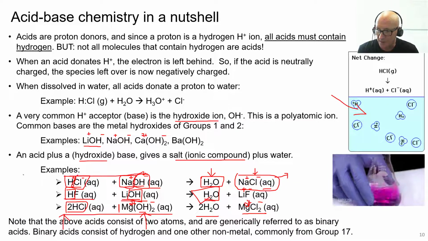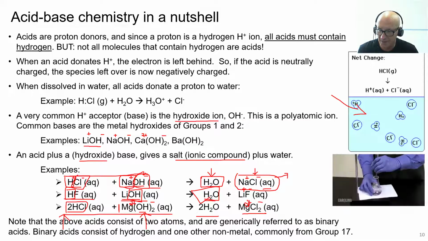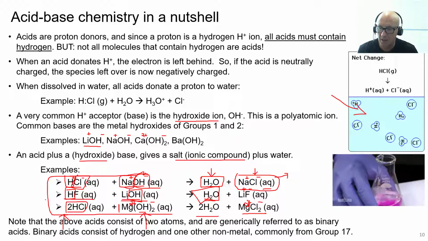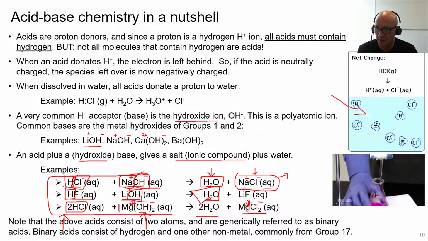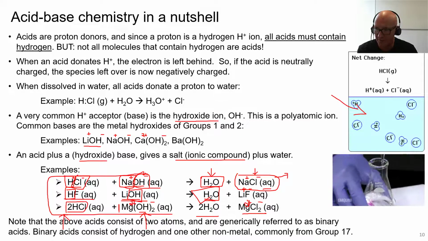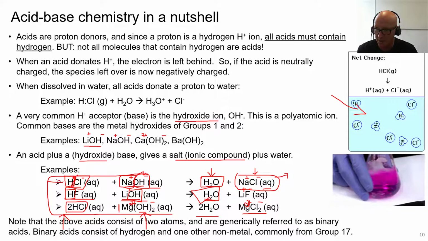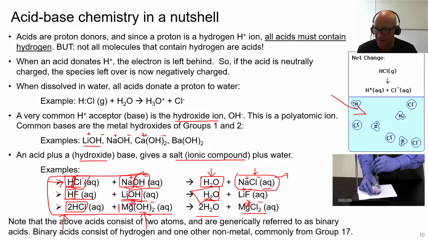So, okay, my last point here. Now these acids here are 2 atom compounds to start with, right? So these are binary acids, binary meaning 2, right? One of the atoms, of course, has to be hydrogen and then something else that will be happy enough to let that hydrogen go as H plus.